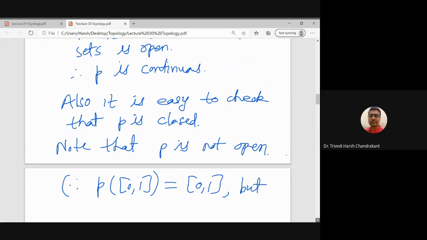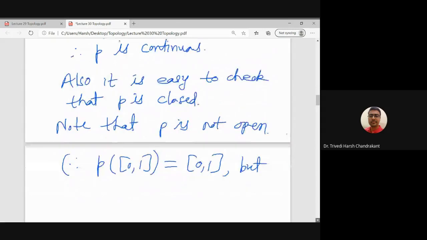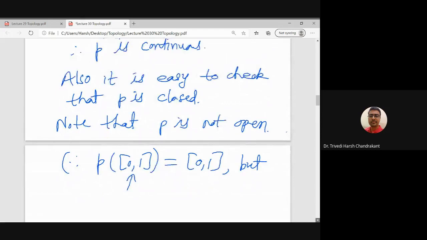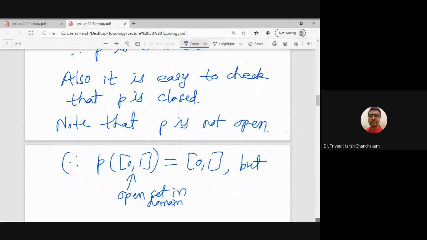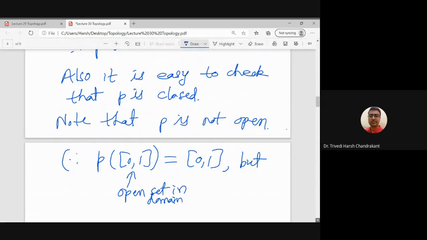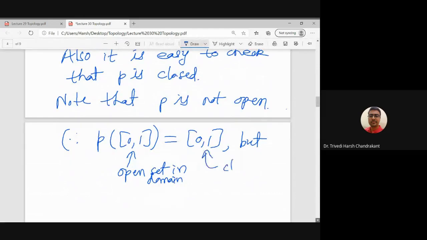But what will happen is this: [0, 1] is an open set in the domain in the subspace topology. On the other hand, this is a closed set, or you can write it is not open in the codomain.